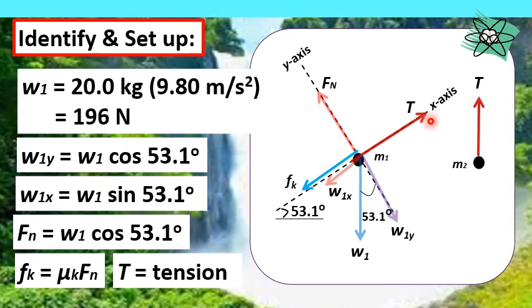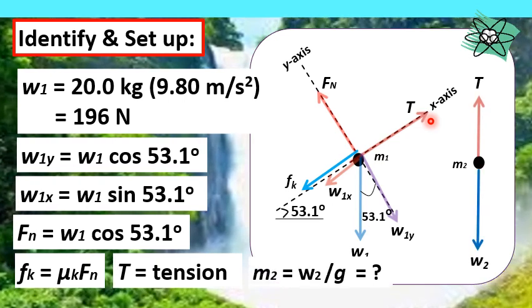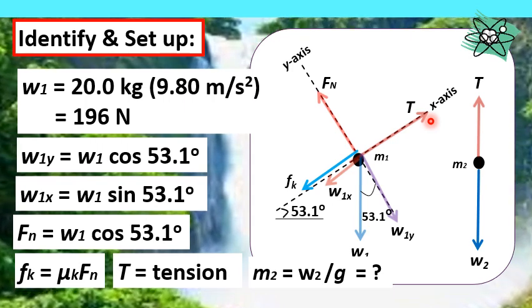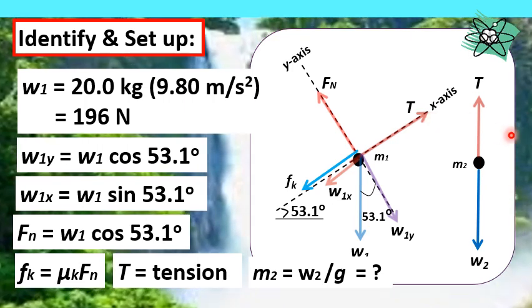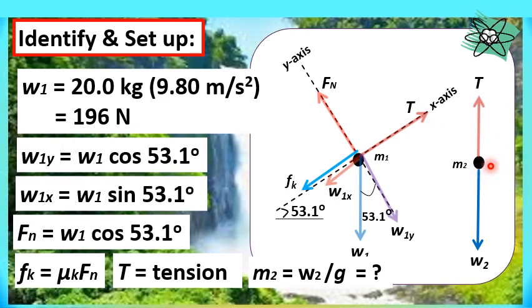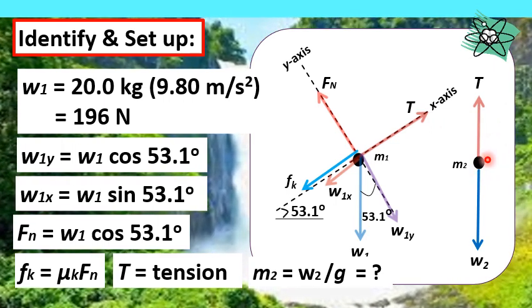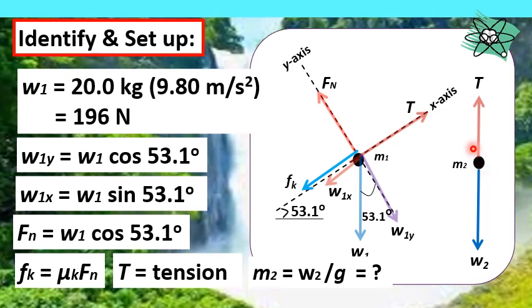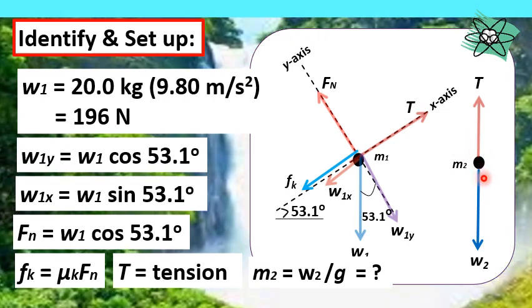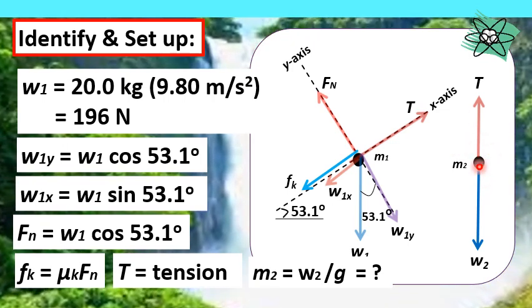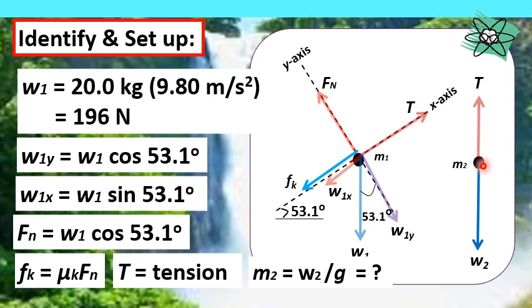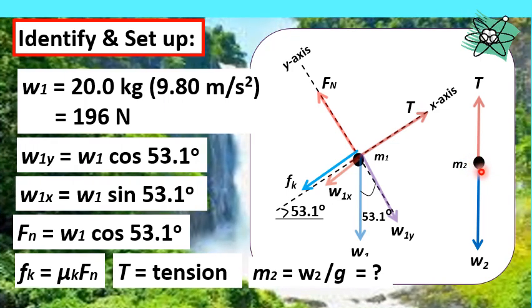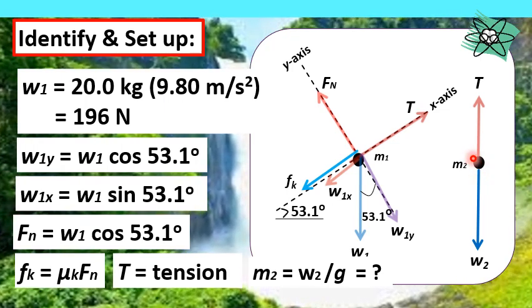Its own weight, W2, and the same tension force, capital T. So the tension force, that is the force of the rope exerted on the mass M2, is directed here upward. That is for mass M2.